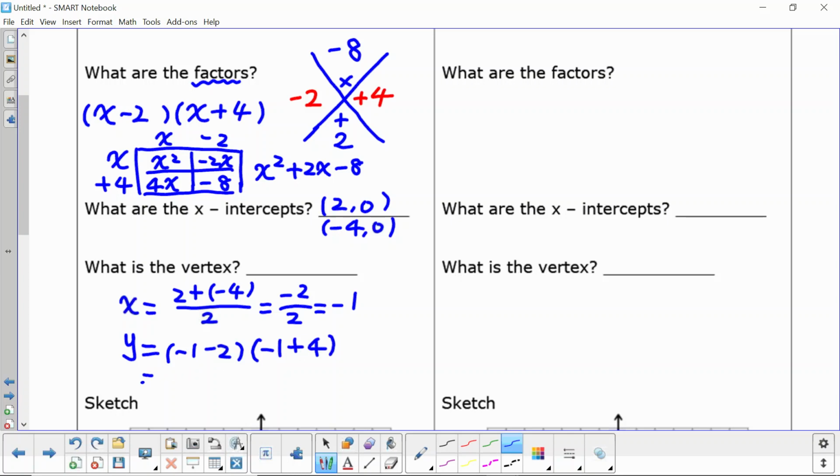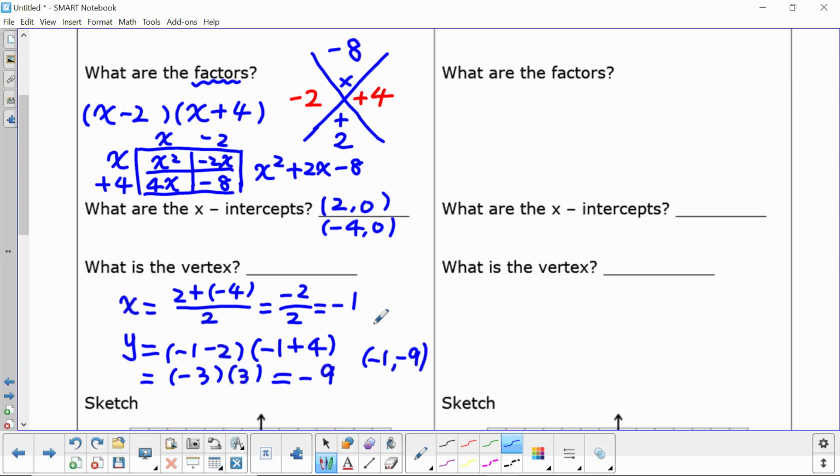There is a pattern: these two numbers are always opposite. The reason is you have these two zeros and this is the middle, so the distance from the middle to each side should be equal. So the product is negative 9. Then the vertex is (-1, -9).